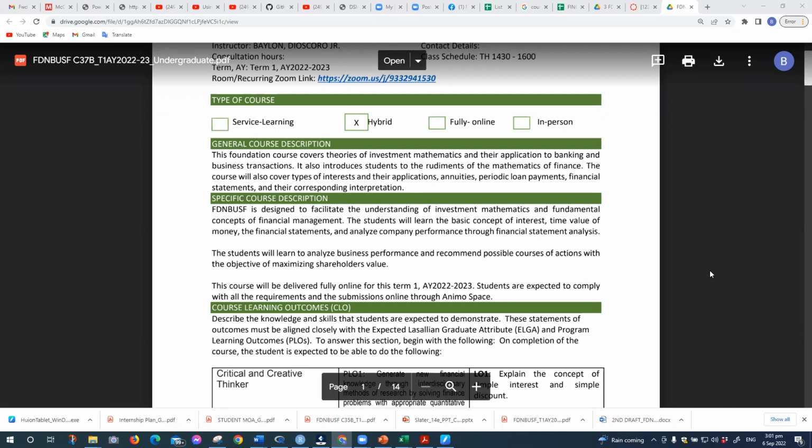Kasi 100 inflow minus 80 outflow, then may net 20 tayo. Unfortunately, guys, it does not work that way. We have to know the concepts of the time value of money in order to compute properly. Okay? So, I'm telling you this in advance kasi yan ang mga itatakal natin dito sa subject na to.